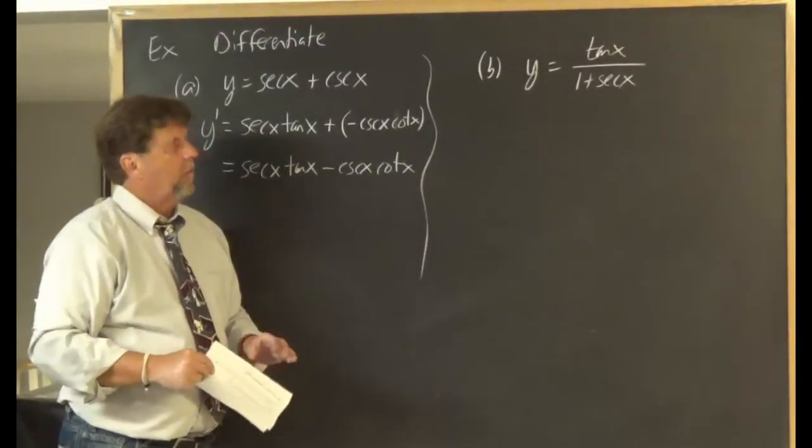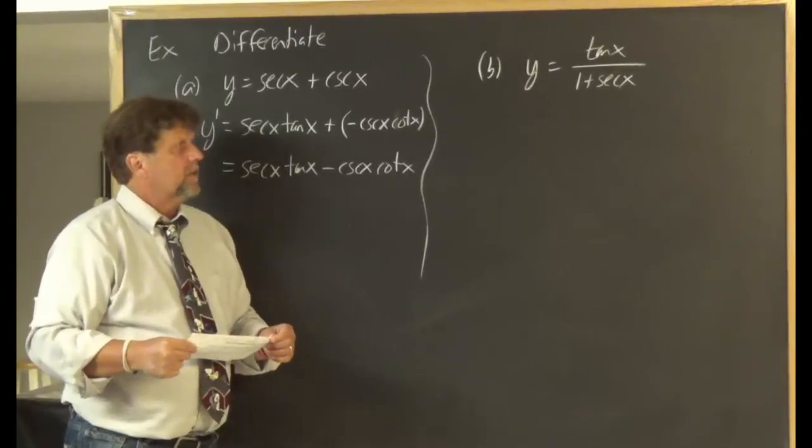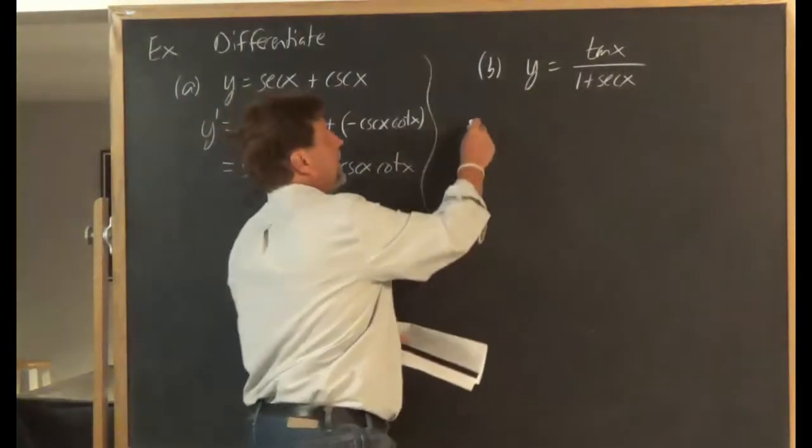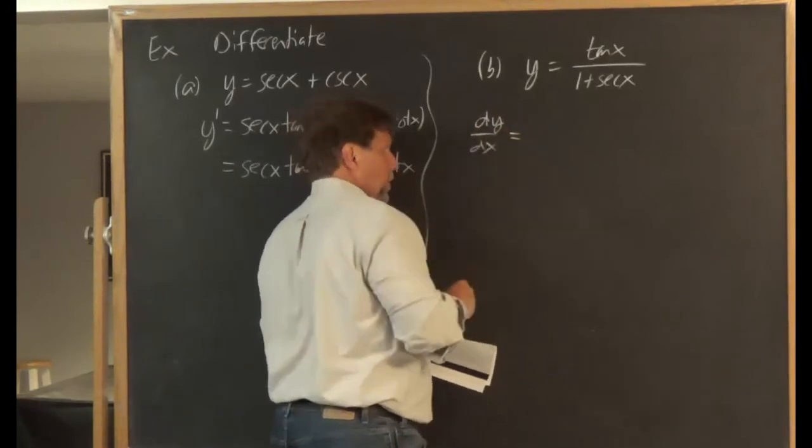Part B, y equals tangent x over 1 plus secant x. So we're going to have to use the quotient rule here. And I'm going to call this derivative dy dx. So here we go with the quotient rule.